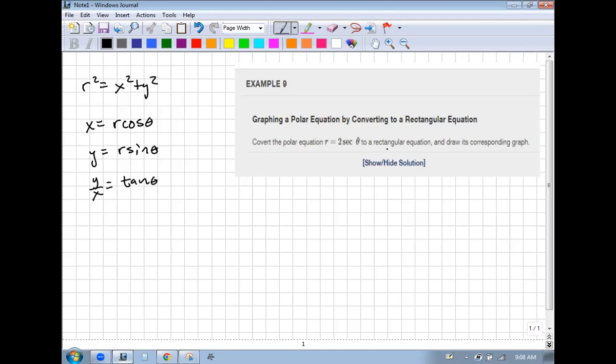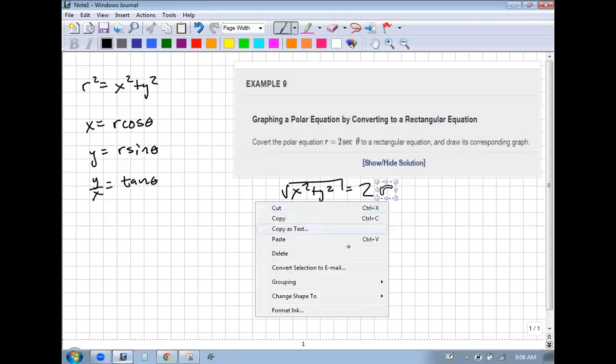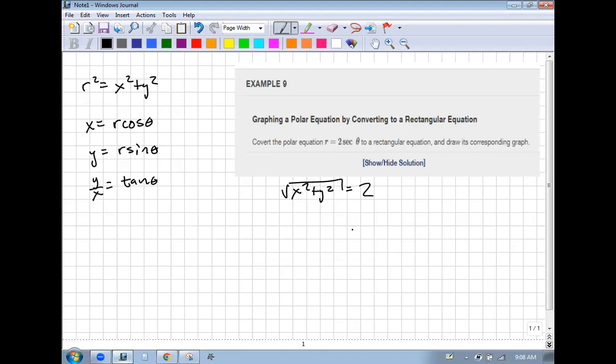So they say just convert it to rectangular. If you just mindlessly plug in and substitute, r would be the square root of x squared plus y squared. Secant is the reciprocal of cosine, and cosine is x over r, so secant would be r over x.